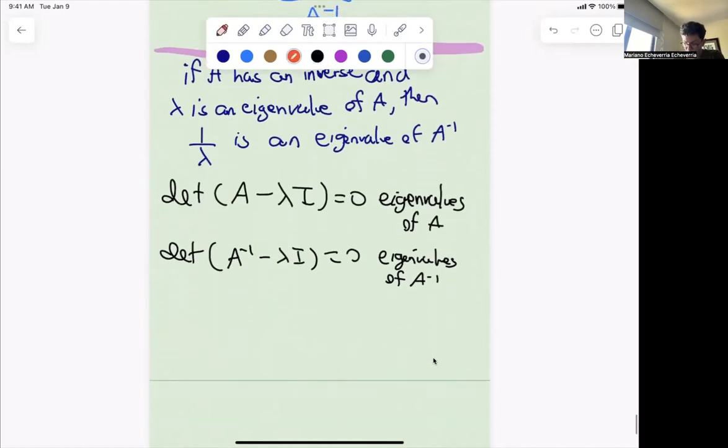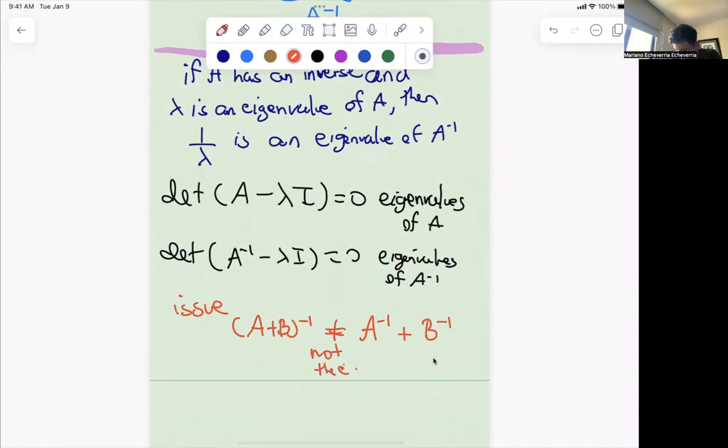The inverse of a sum, assuming that exists, is definitely not the same as the sum of the inverses. Even if every single matrix had an inverse, the inverse is not additive in that way. So you cannot just apply the inverse on both sides or something like that.